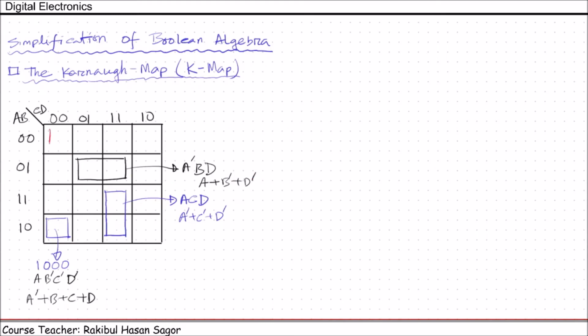Now let us find the notation of this red rectangle containing 4 adjacent cells. We have A equal to 0, A equal to 0, B equal to 0, B equal to 1, C equal to 0, C equal to 0, D equal to 0, D equal to 1. So we are covering 2 horizontal lines and 2 vertical lines.